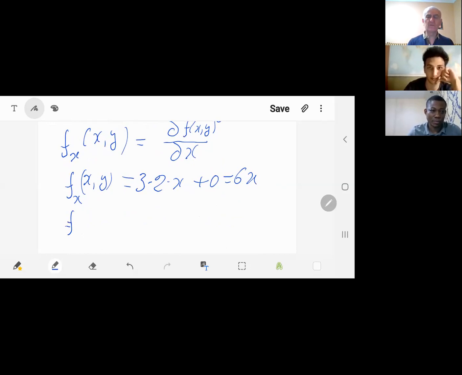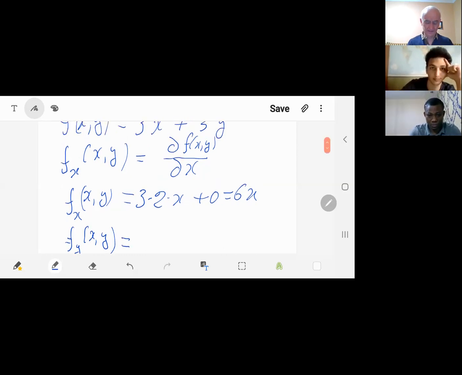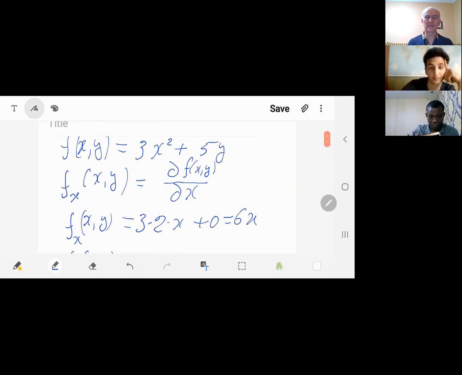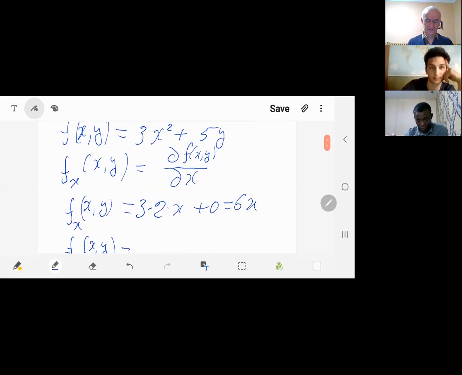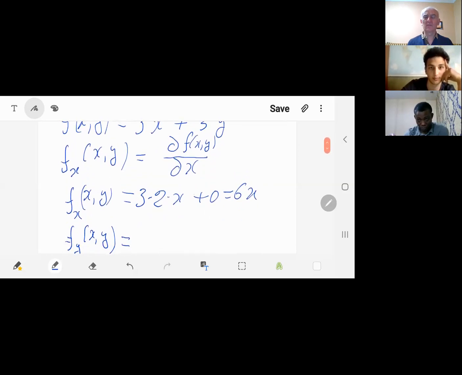Now, if we want to find derivative of the same function respect y, we should assume that x is constant. X is constant, that's why 3 times x squared is constant. And we need to find derivative of 5 times y, and y is variable.